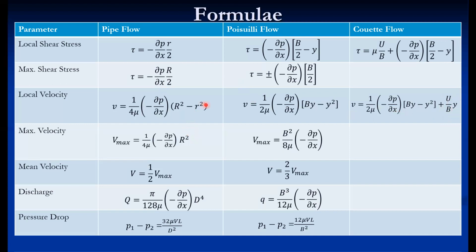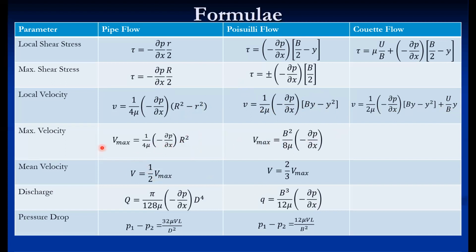Maximum velocity, again, if we know where maximum velocity arises, that is at the center, then by putting r equal to 0 we get this value. Here y is equal to b by 2, we get b square. So if we know the condition where we get the maximum velocity, we can develop the expression of maximum velocity from that.